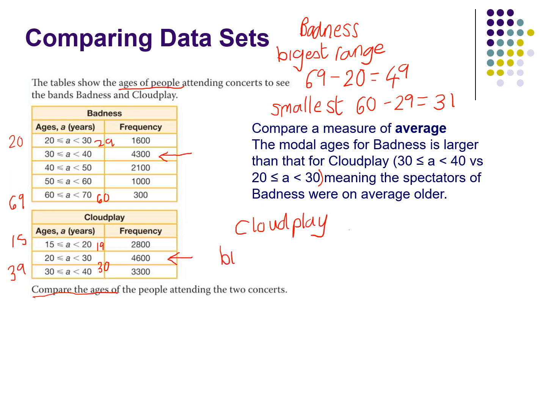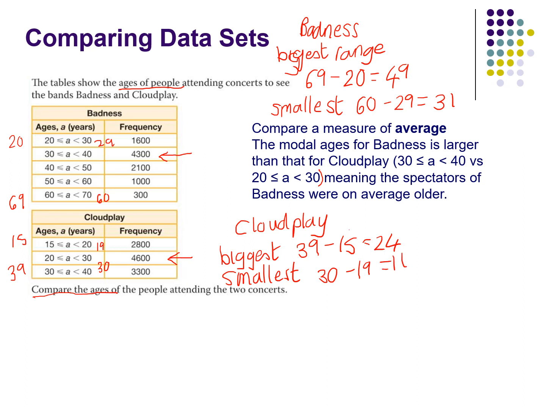The biggest is going to be 39 minus 15, which is 24, and my smallest range is going to be 30 minus 19, which equals 11.